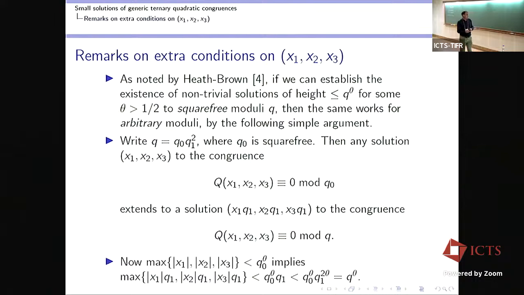So if you look at the size of this solution, it will also turn out to be less than q to the theta. Yeah, so when you just assume the solution to be non-trivial, that means not equal to 0, 0, 0, then easily from the case of square-free moduli, you can go to the case of arbitrary moduli.